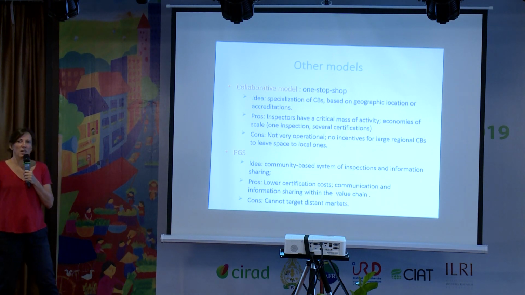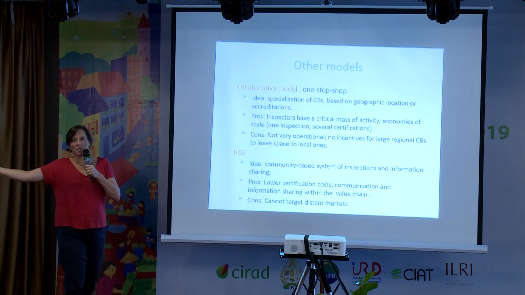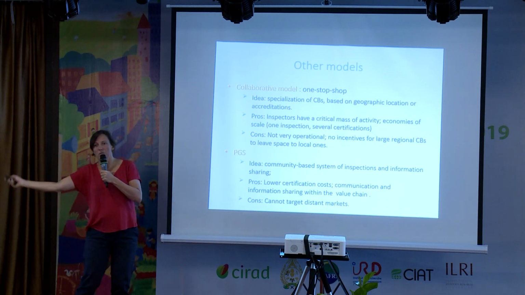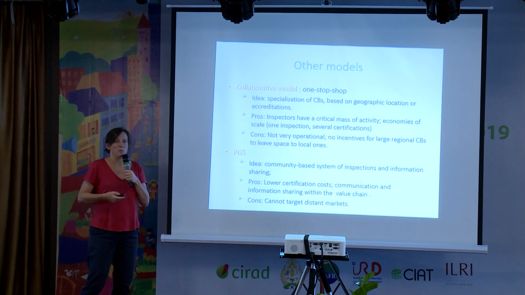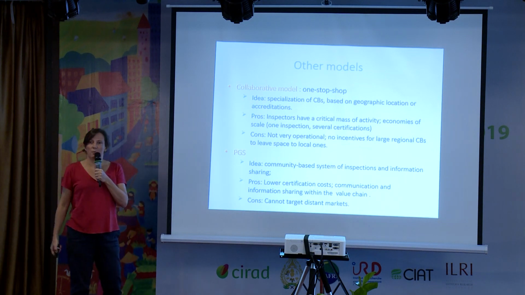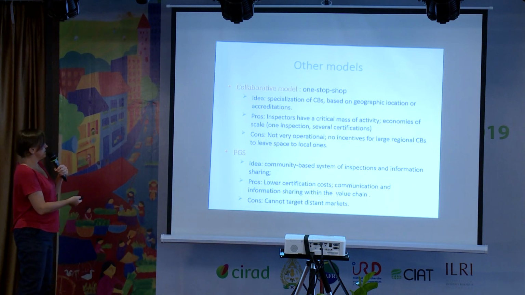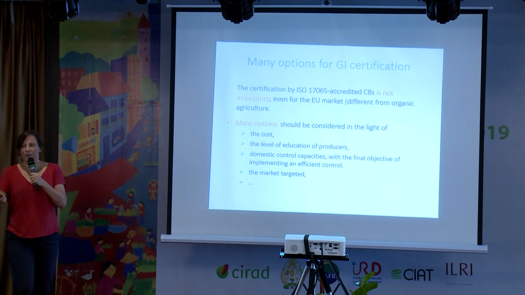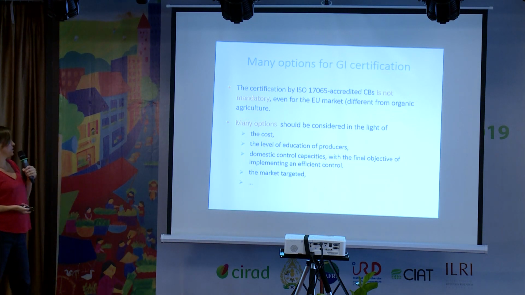This lowers certification costs, but if you remember my graph with distance and producers and farmers, it's good for local systems, but for long-distance trade, I'm not sure that would work in terms of credibility. So in the end, I'm concluding there are many options for GI certification.